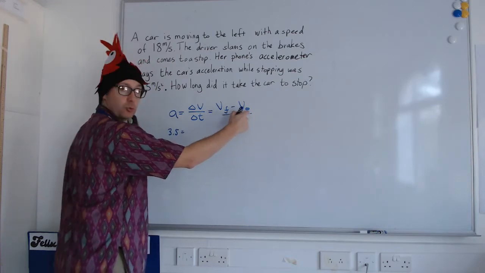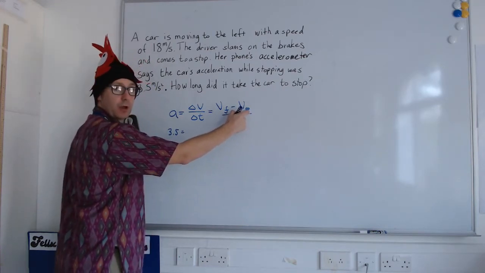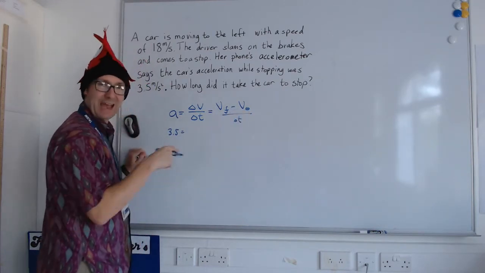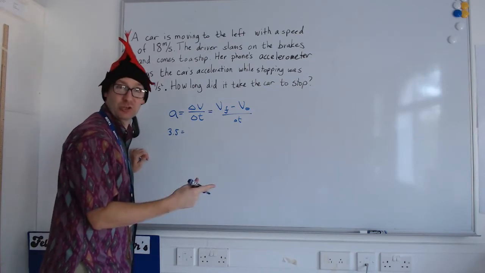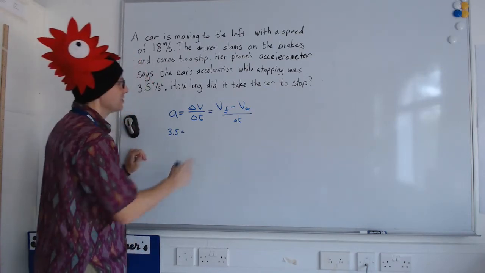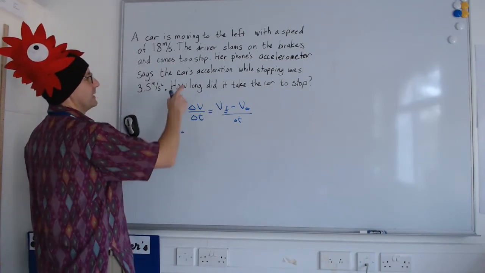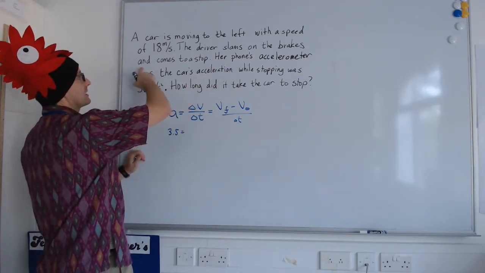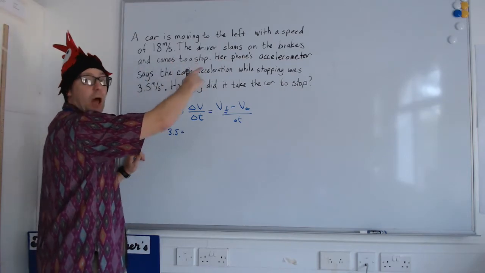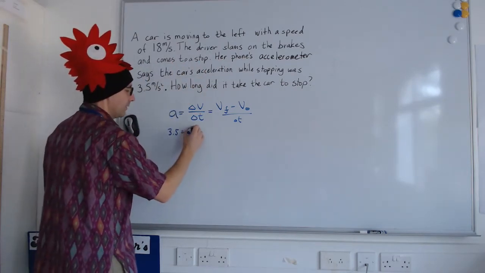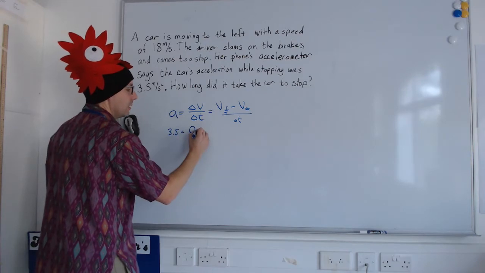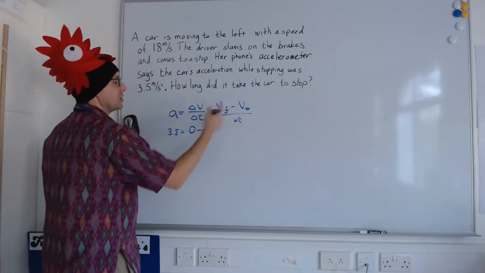Now, for initial, we usually put a little 0 there. The 0 represents at time 0. That's why it's initial. It's at the beginning, all right? So final minus initial. My final velocity, well, she's going to slam on the brakes and come to a stop. So the final velocity is going to be 0 minus the initial velocity.